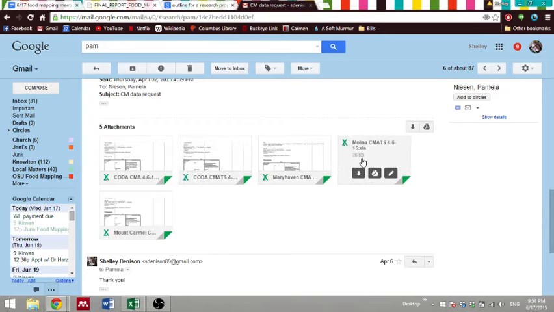The file names are pretty self-explanatory. It's CMATS or CMA, where it is, and then the date. So when you download it and you look at it, oh sorry, it's going to open in, no, I don't want to open in OpenOffice, sorry.